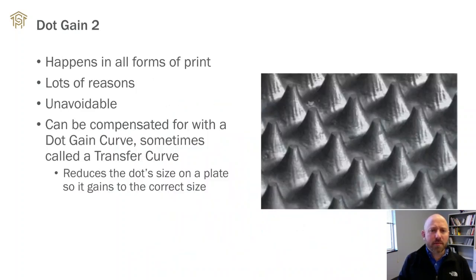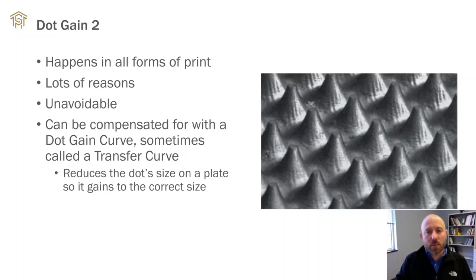So, like I said, dot gain happens in all forms of print. It doesn't matter if it's a digital print of some sort, flexo, whatever. Dot gain's going to happen. It is a part of the process. It's unavoidable. The good thing is that it's predictable.